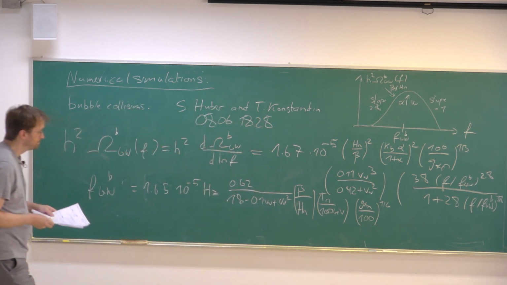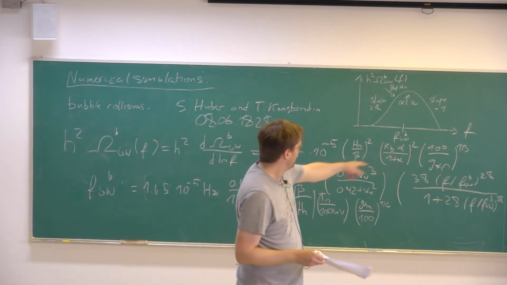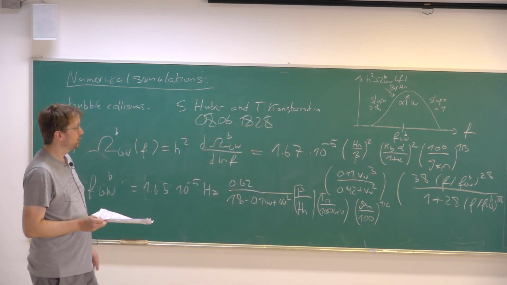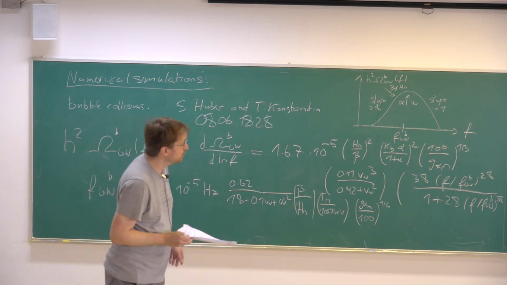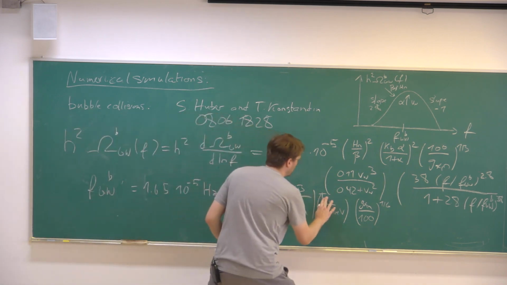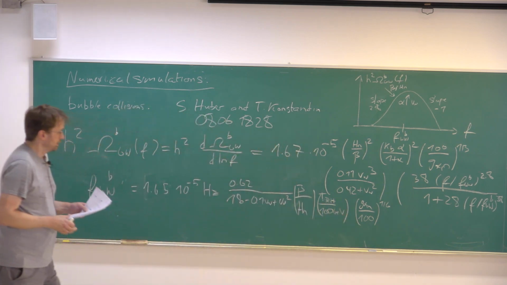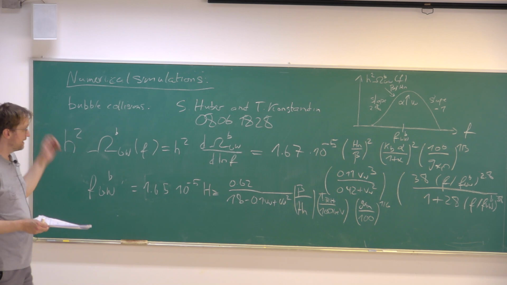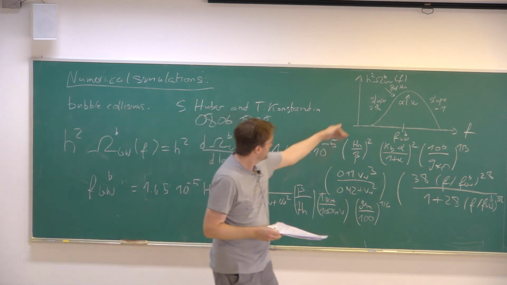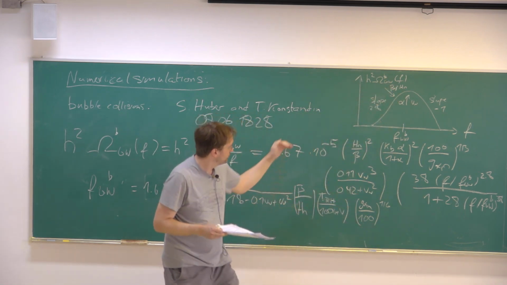Okay. So you see again the dependence is the same that we got from our estimate on beta, the number of degrees of freedom, and the reheating temperature. I should just write this more generically as the reheating temperature. Now if I raise beta over h, the spectrum goes down, the amplitude goes down, and the peak frequency is shifted to the right.